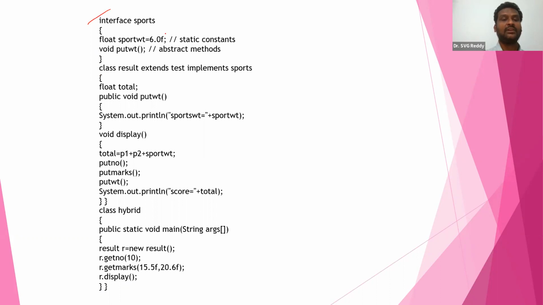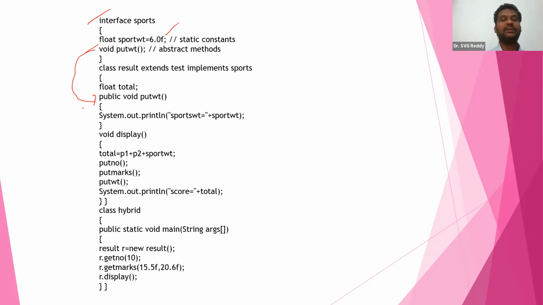See here clearly, a constant variable port weight, 6f, and a method called put weight. See, it is abstract. It was not defined. So where is it defined? It is defined in its subclass, sub-interface, otherwise in the next succeeding class.